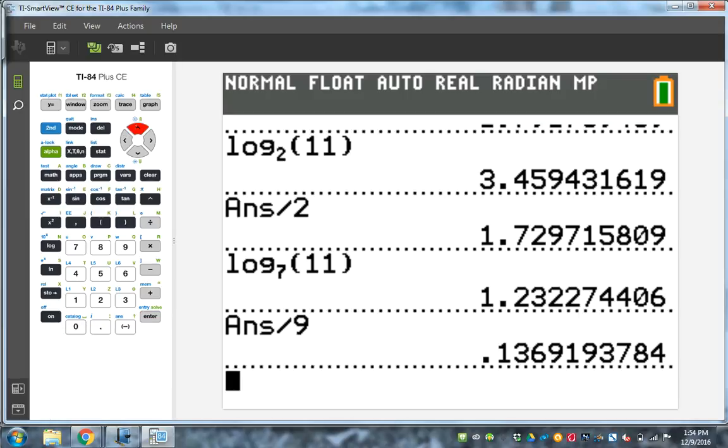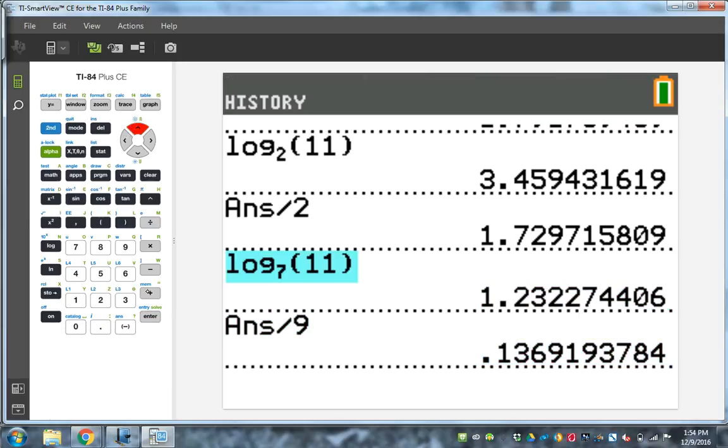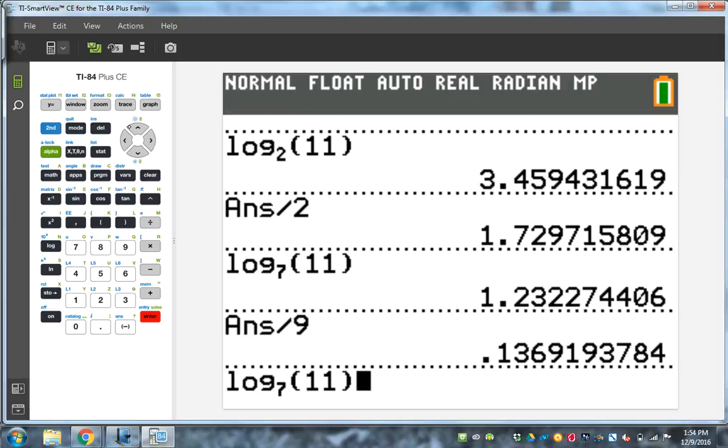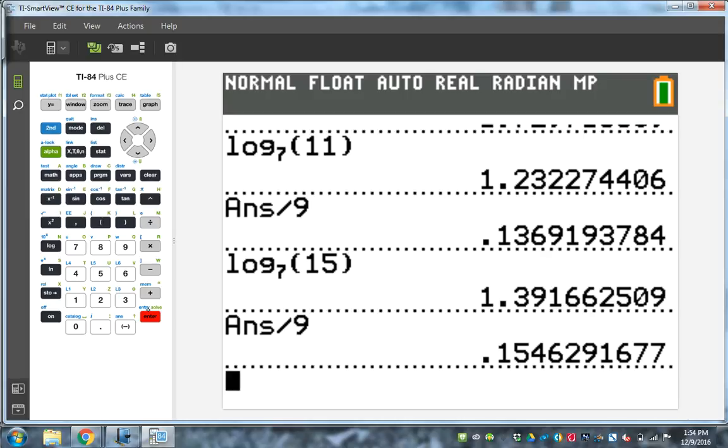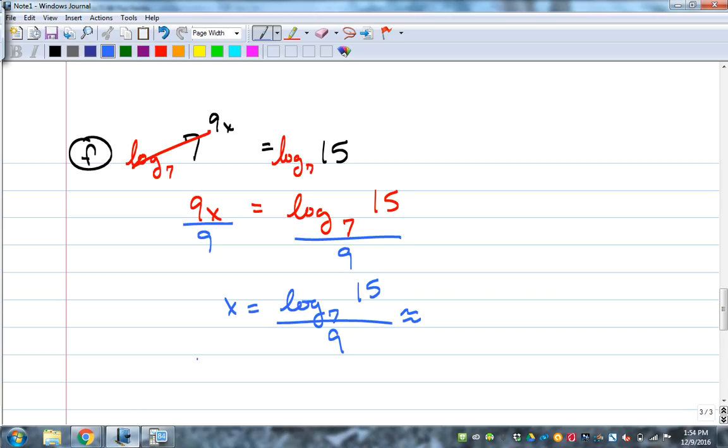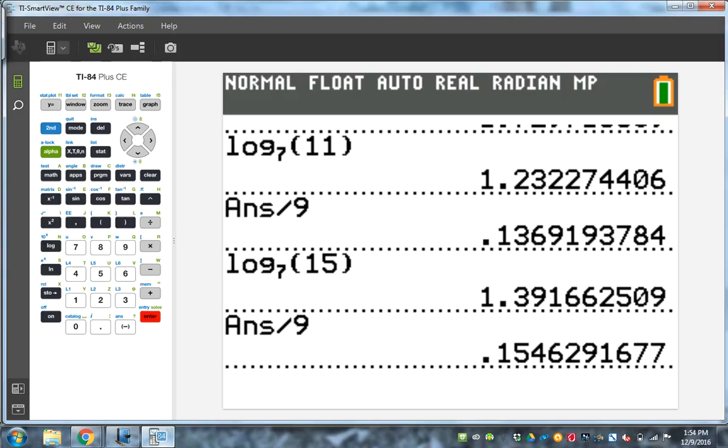Okay. Sorry, that makes a large difference. Enter. And then divide by 9. So it would be 0.155 is what it should be. You look at the number after the 4, and it's a 6, so that means go up 1. So that makes it 0.155.